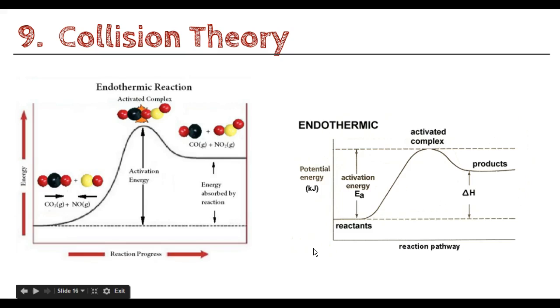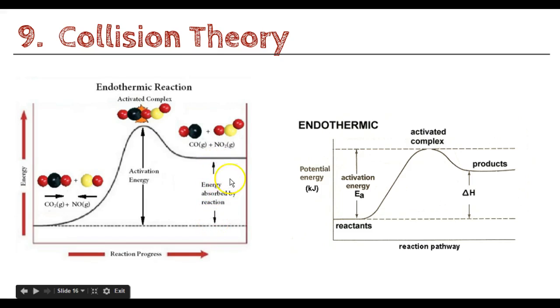So conversely, we can look at an endothermic reaction. So an endothermic reaction, instead we're going to expect that our reactants are going to start with lower energy, and then through the course of the reaction, we're going to see that our system has gained energy. Energy was taken into the system or absorbed by the reaction, and that's also going to give us a delta H value.